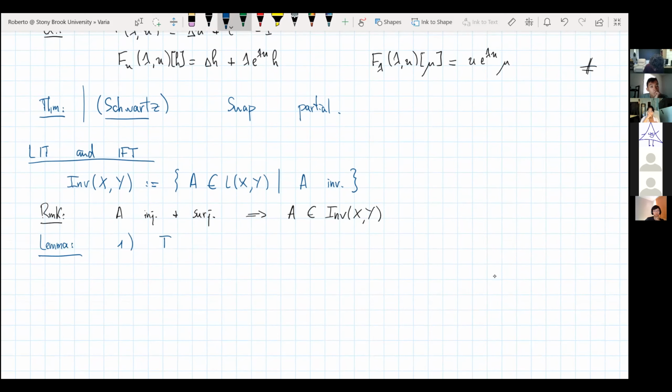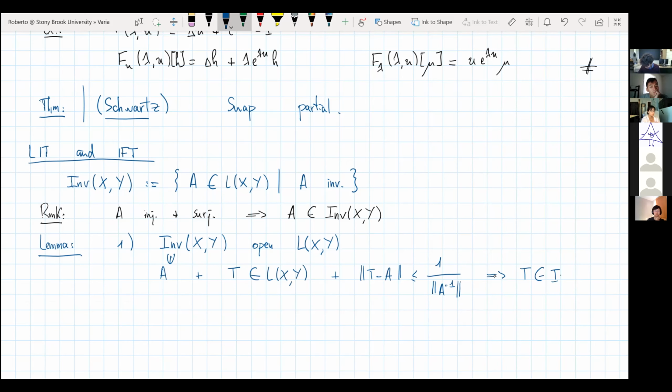The first thing we know is that this set is open in the space of linear bounded operators. There is a more precise statement of that, which says that if A is invertible and T is linear, and the distance from T to A is less than 1 over the norm of A to the minus 1, then T is invertible.